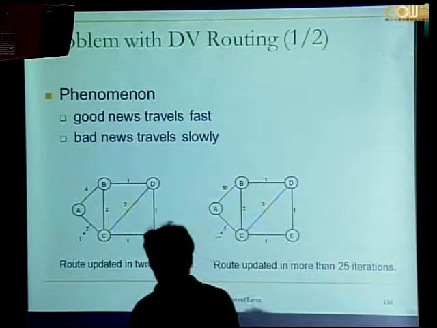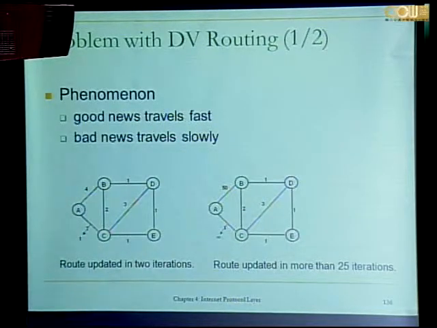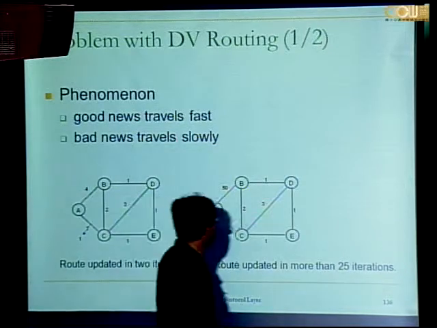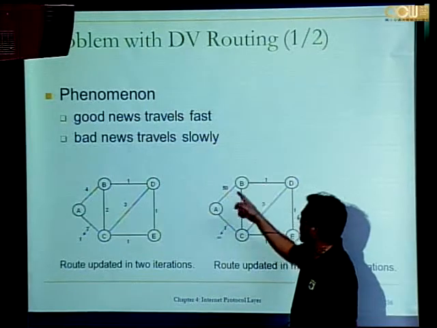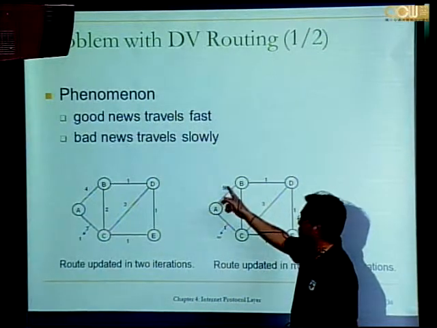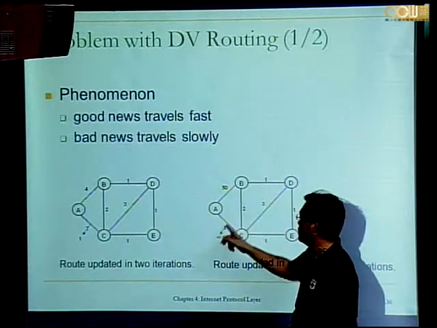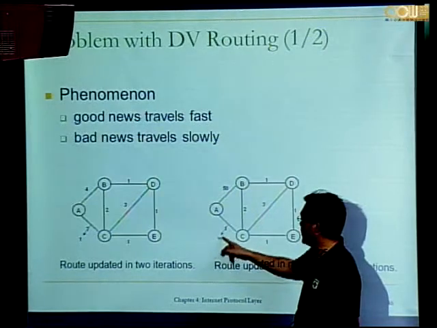In this particular topology, this is fine, but the problem happens here. If this link cost is high, but this is small, and there's a congestion, or the link is broken, it has a link failure, so it becomes infinity.